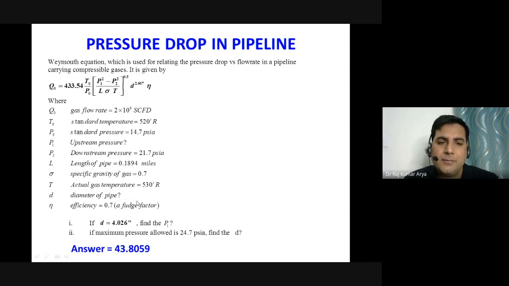If the pipe diameter is 4.026 inch, you are supposed to calculate pressure. This would again be a nonlinear equation, and it needs to be solved by these methods, be it bisection or secant or regula falsi or Newton-Raphson. If you solve it, your answer comes to 43.0.